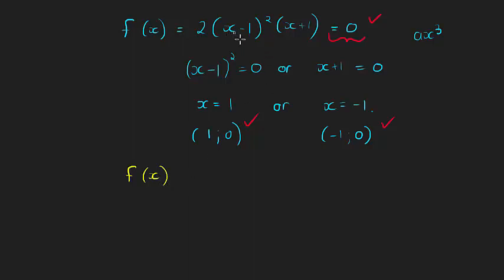But in order to find the turning points of a function like this, which looks something like that, the turning points of any function is where the derivative is 0, where the gradient is 0. The derivative is a formula for the gradient. So I want the points where the gradient is 0. So I'm going to take the derivative and make it equal to 0.